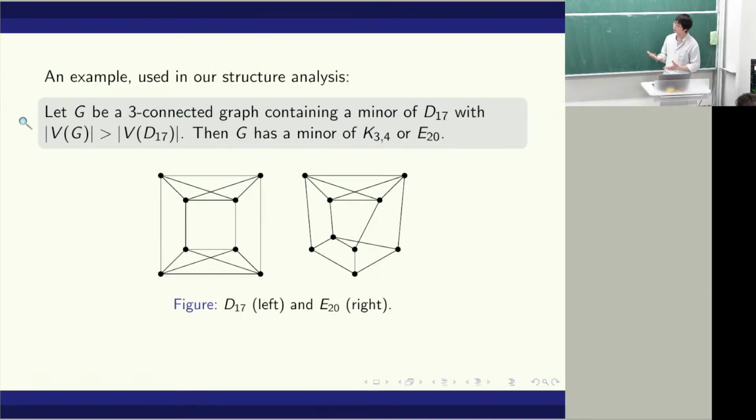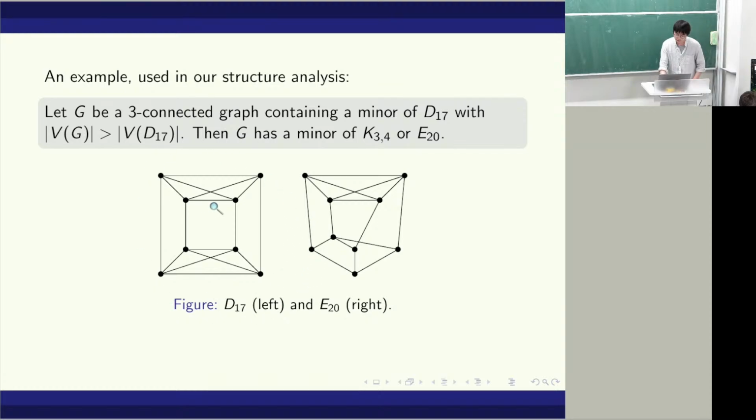So what we do in our structural analysis is very similar to what we have just seen. We want to show this proposition. Let G be a 3-connected graph containing a minor of D17, which is this graph.